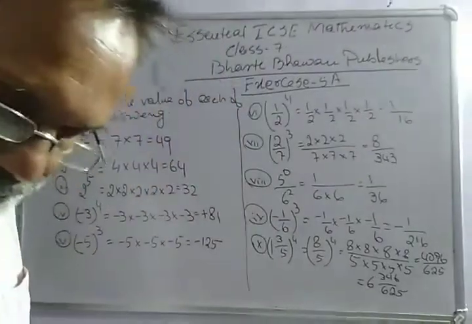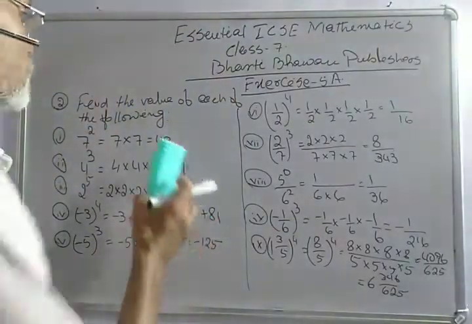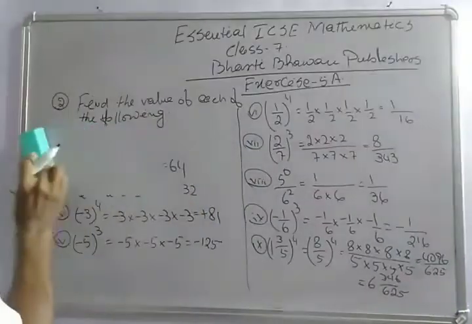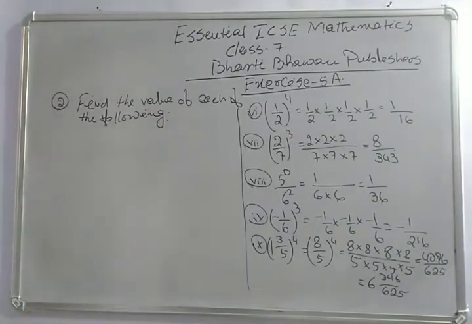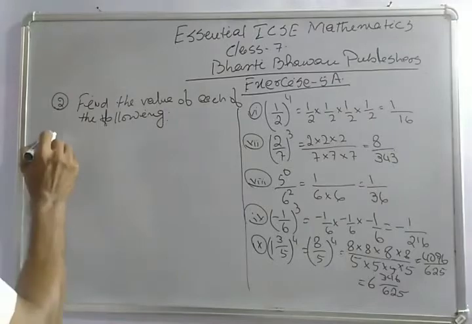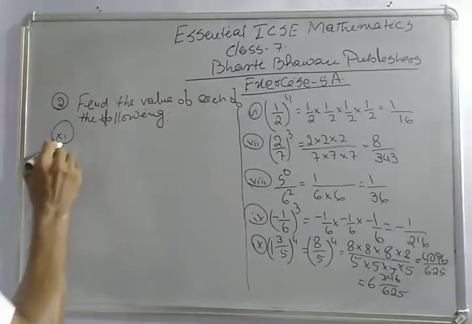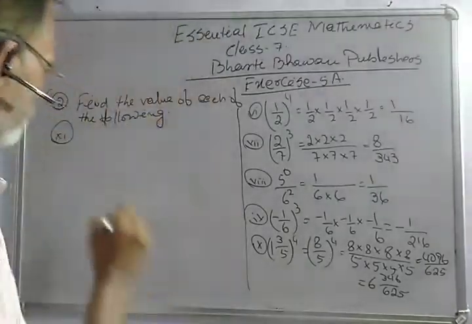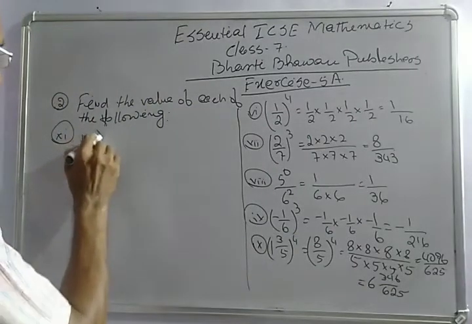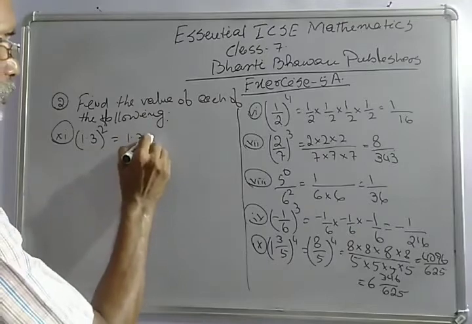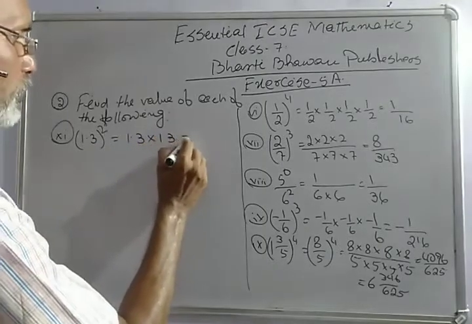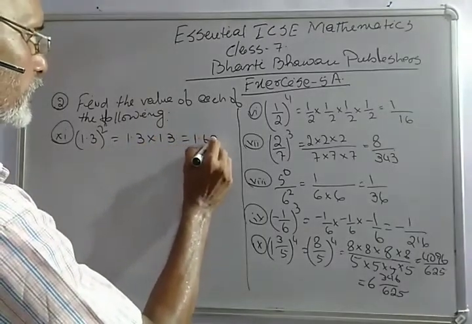Number 11 is 1.3 to the power 2. This is equal to 1.3 into 1.3. This is equal to 1.69.